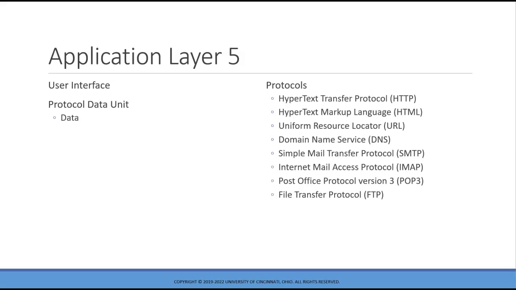Some of the protocols that reside on the application layer are Hypertext Markup Language, Hypertext Transport Protocol, email protocols such as Simple Mail Transfer Protocol, Internet Mail Access Protocol, Post Office Protocol, plus Uniform Resource Locator, Domain Name Service, and File Transfer Protocol. Examples of network applications are email exchange, file transfer, web browsing, telephone services, and video teleconferencing.